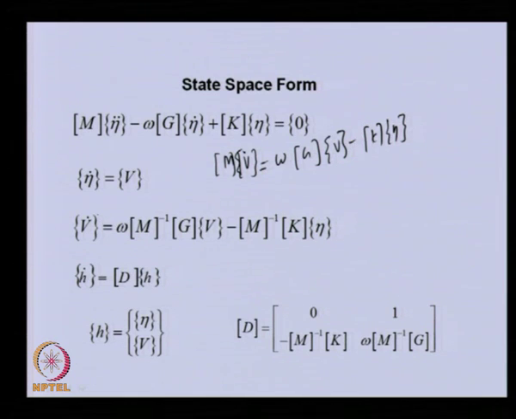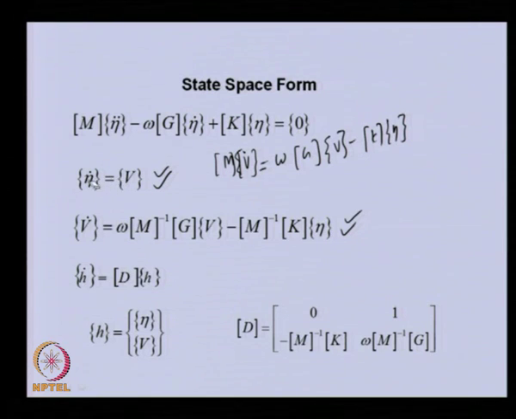So, I will get this expression: omega inverse of M into G into v minus M inverse into K and eta. Now, this equation and this equation are the required equation of motion.